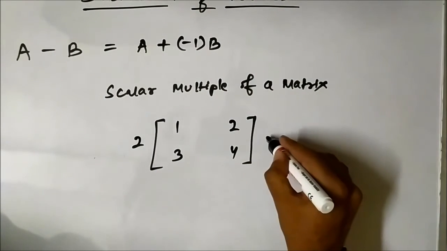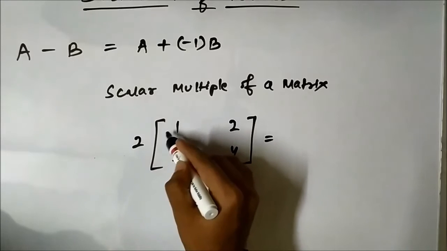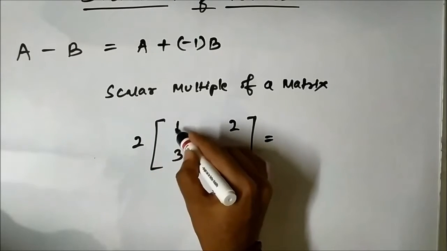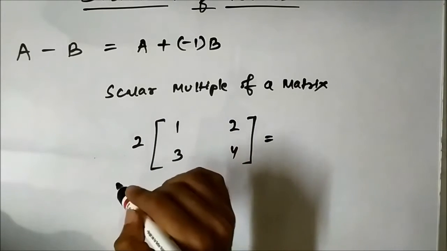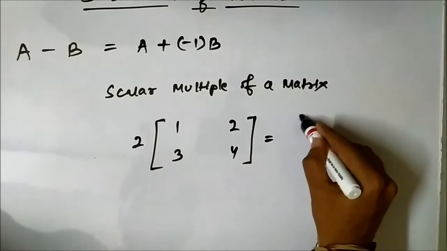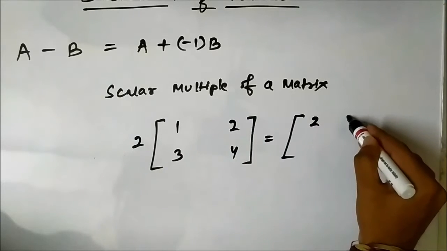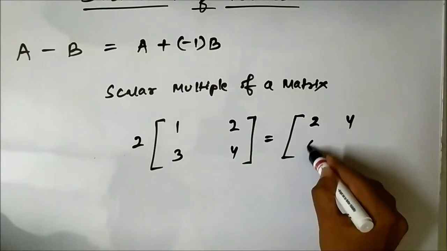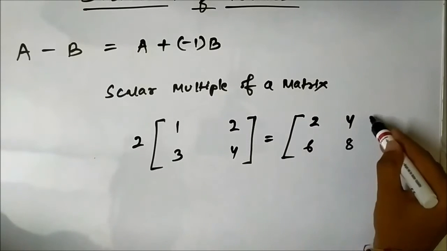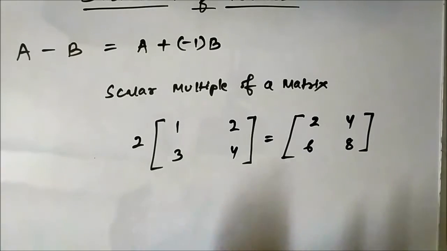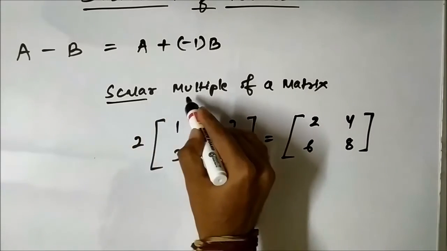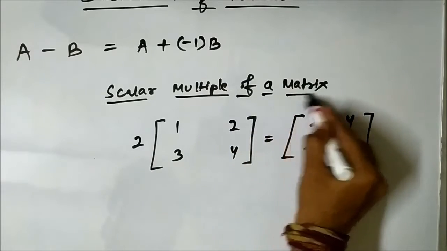So the resultant matrix will be, this 2 will be multiplied with each and every element of the matrix. So the result will be 2 into 1, 2, 2 into 2, 4, 2 into 3, 6, and 2 into 4, 8. This is the concept of scalar multiple of a matrix.